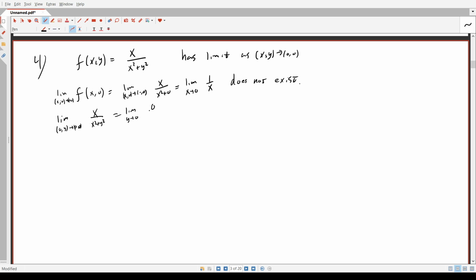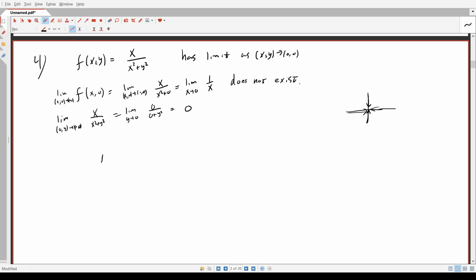So we have 0 over 0 plus y squared, which is just 0. So in this direction, the limit is going to be 0. But in this direction, it'll be plus infinity. In this direction, it'll be minus infinity. But it's all at the same point, right? So we get different values for the limit.